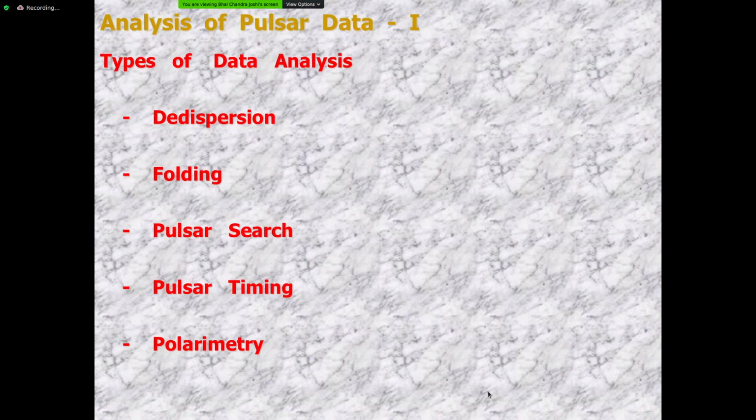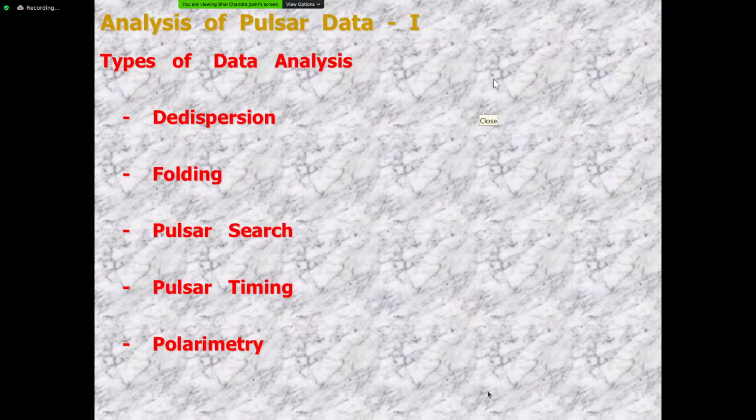Okay, then I should actually skip this part. Let me quickly finish the data analysis and then go to the pulsar material. Although not in great detail, I thought my pulsar material was more of a recap, but from what you tell me now, it will become the first introduction, which is a bit of a problem. So let me finish the data analysis and then move to the pulsar part straight away.